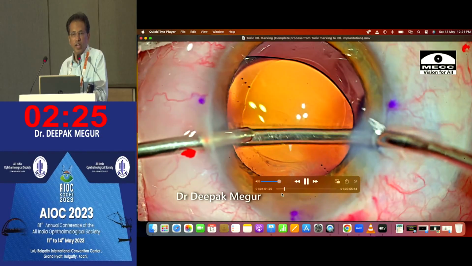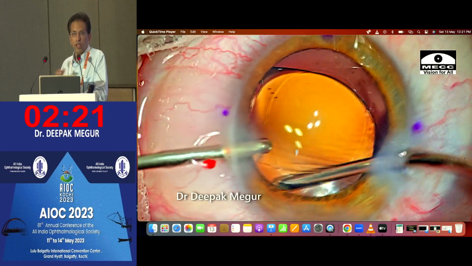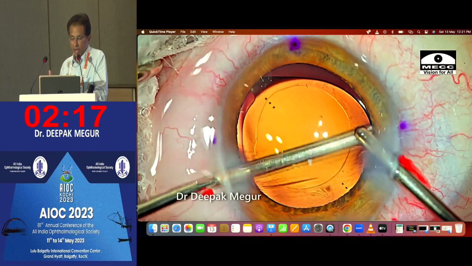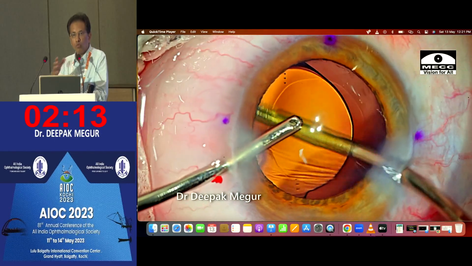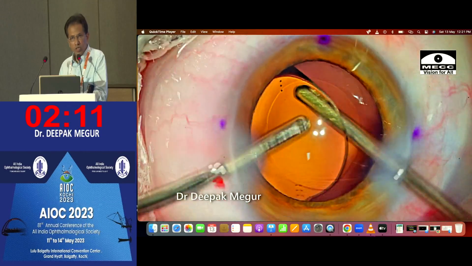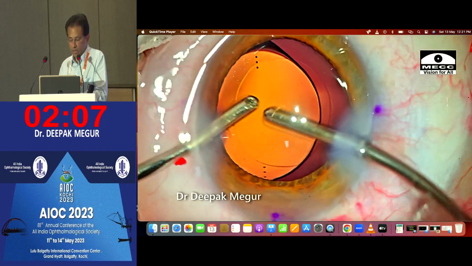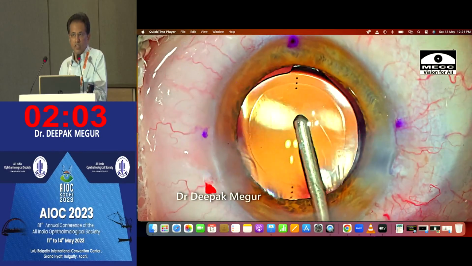Only ensure that once you're done, you empty the bag totally of the visco and the posterior surface of the lens, because viscoelastic inside the bag or behind the posterior lens can cause the lens to move around a little bit. Just ensure that you don't have any viscoelastic at the back, and then you align the lens appropriately. Usually these lenses stick on very well.